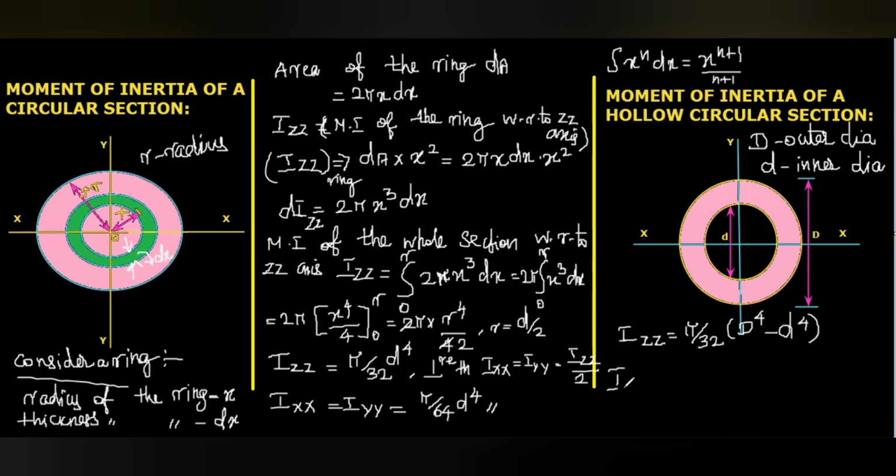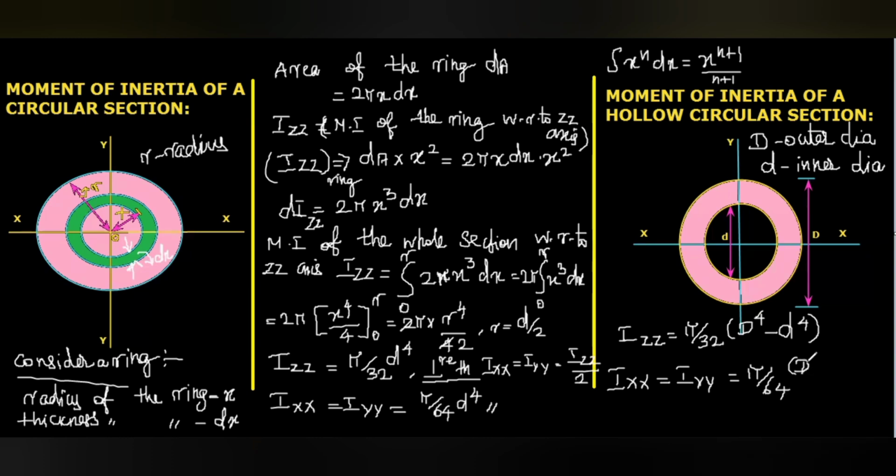Same way, as per the perpendicular axis theorem, Ixx, which is equal to Iyy, equals Izz by 2. So this will be pi by 64 times capital D power 4 minus small d power 4. Okay. So now we derived the equations for the moment of inertia of a circular section and also extended the values to the hollow circular section.